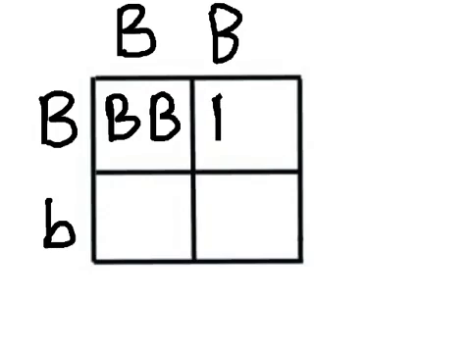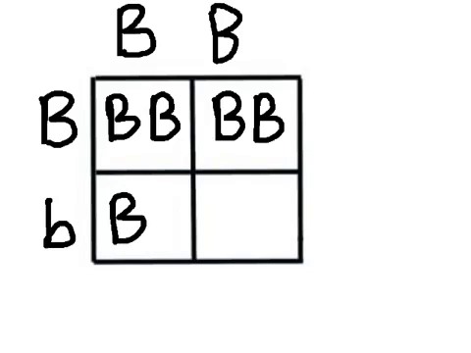Again, it will be the same as the upper left, 2 capital B's. How about the lower left corner? What will we have? Very good. We will have a heterozygous genotype, and the same for the bottom right.